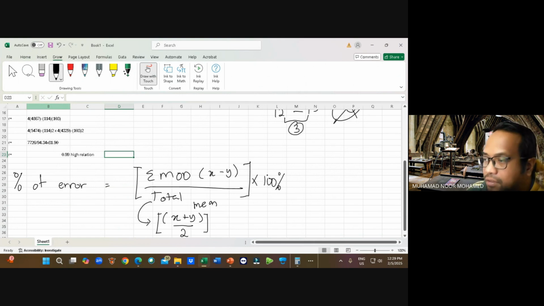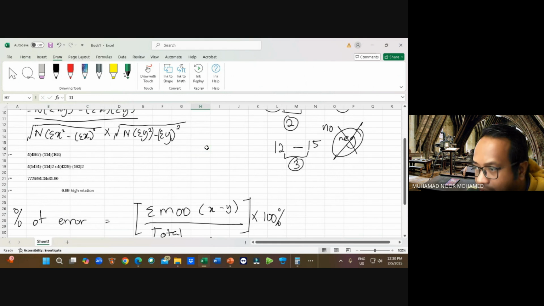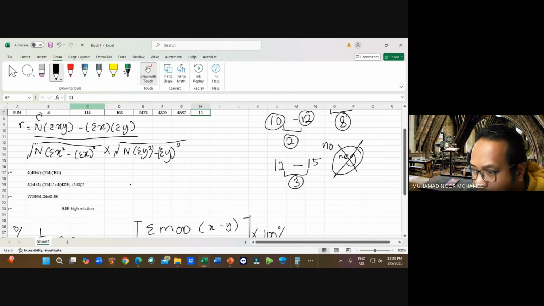So at the top we have the value of mode. This value of mode, 11, is representing the top part. All of that is the summation of mode.